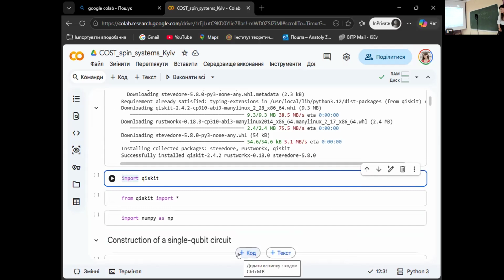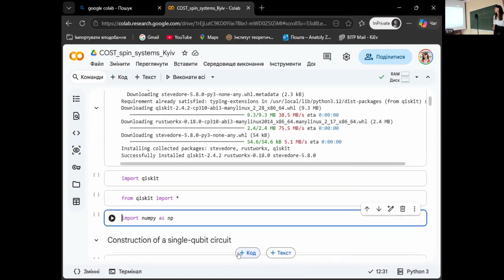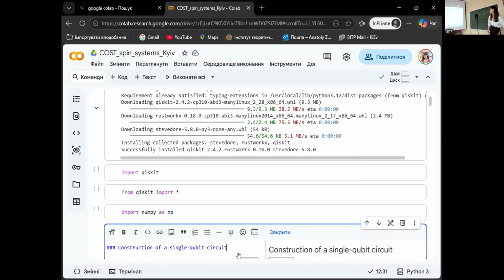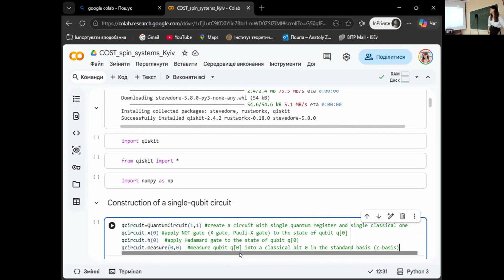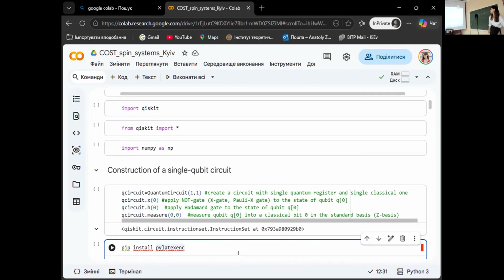Maybe I will just show it, because I did all these manipulations, and you can see all these protocols here. So how to create a quantum protocol with the help of quantum programming, not with the quantum composer, but with the usage of Python.